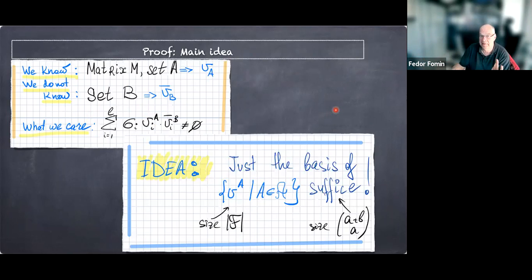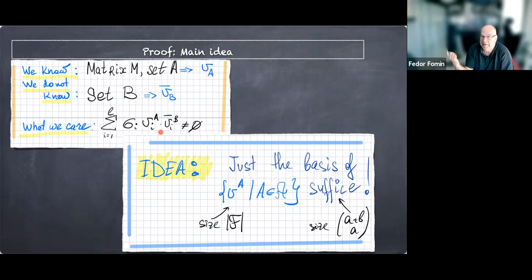But if you look at the vectors V_i(A) as a vector space, right? So what you really care about is, you have a vector V_B, and the only thing you have to check is whether it's orthogonal to the space or not, right? Nothing else.